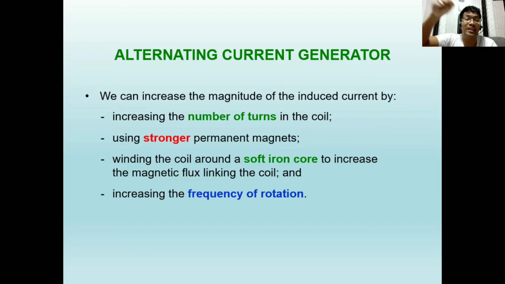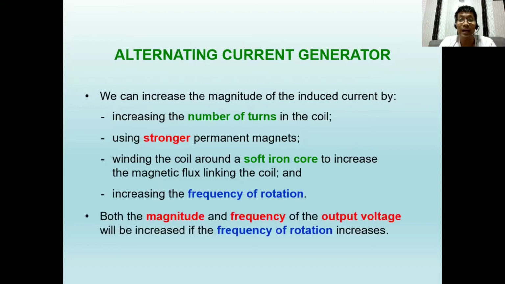So papabilisin natin yung pag-ikot ng, in that case, ng rectangular coil or ng armature. You have to take note that both the magnitude and frequency of the output voltage will be increased if the frequency of rotation increases.